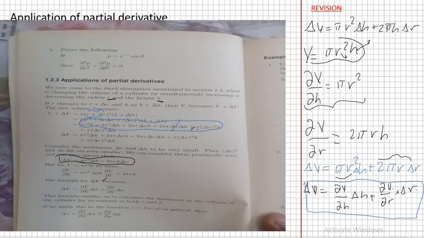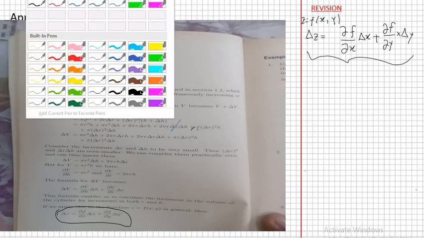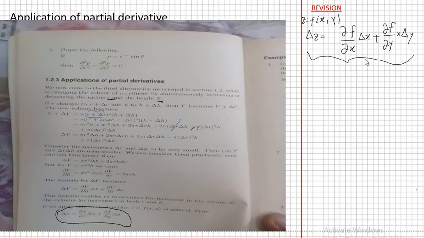So you apply the partial derivative with respect to r, and then you multiply it by the change in radius which they are going to give. So this is basically the same as what we have here. So make sure that you memorize and understand this relation properly.